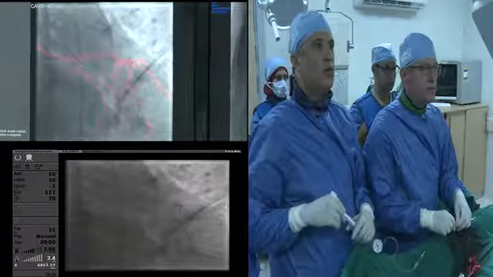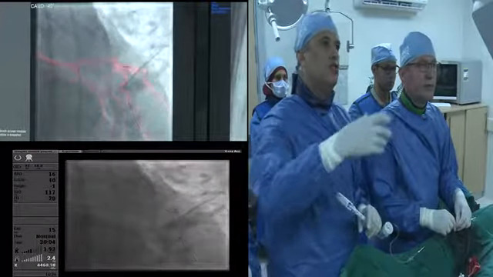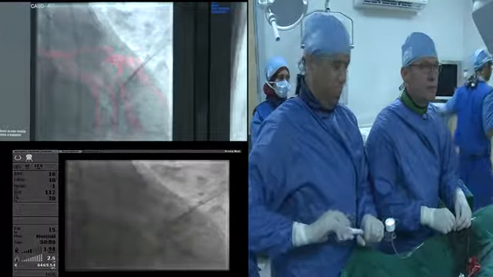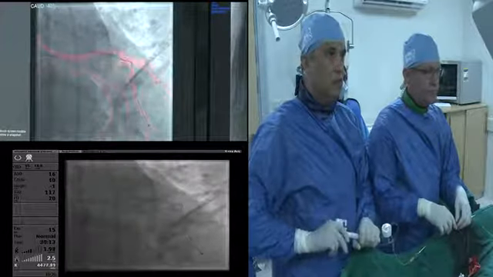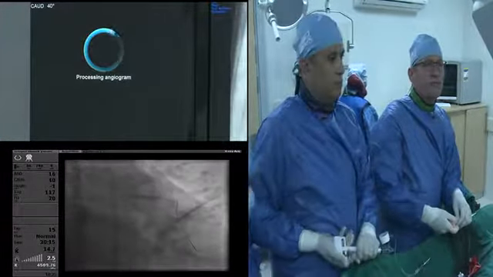Can you see the coronary dynamics here? We can adjust the balloon in the lesion without injecting more contrast, as you can see here. Now we are okay, we are fine. We'll take it now, 2.5 by 15, to predilate and prepare the lesion. So we use the same balloon as for the right.